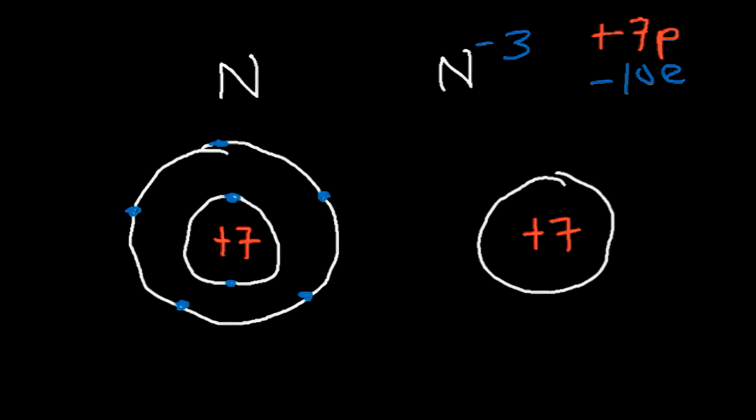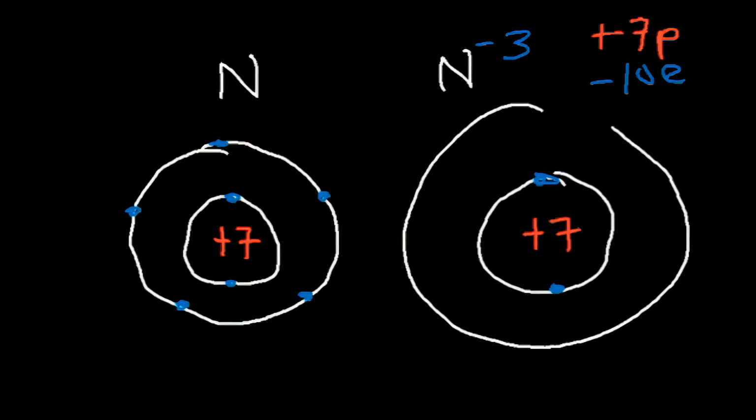Now the first shell contains 2 electrons, but the second shell has a total of 8 electrons, so that the total number of electrons is 10. So because of the extra 3 electrons, there's more electron repulsion, which causes the second shell to expand. So negatively charged ions, or anions, are significantly larger than the parent atoms.